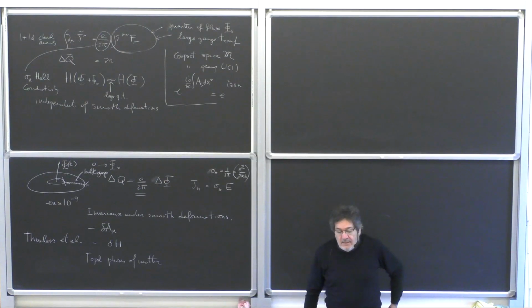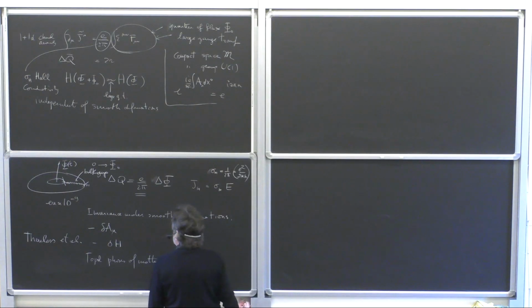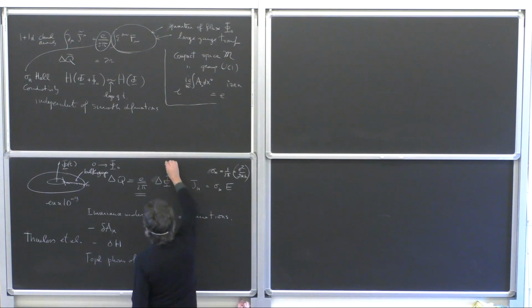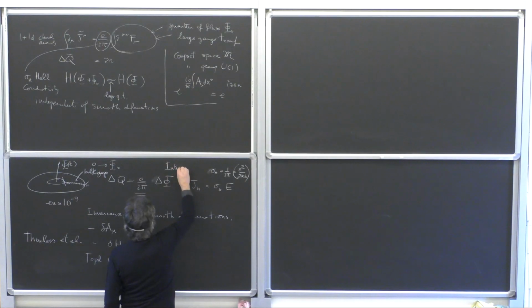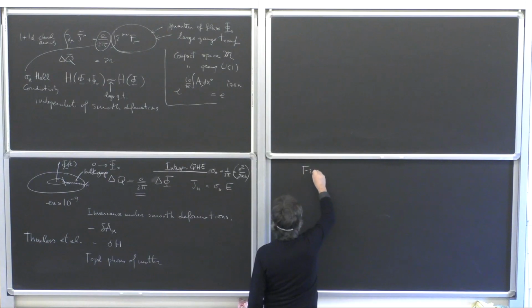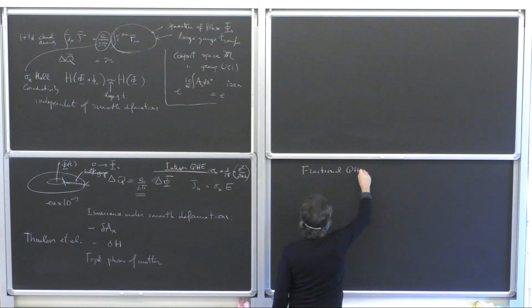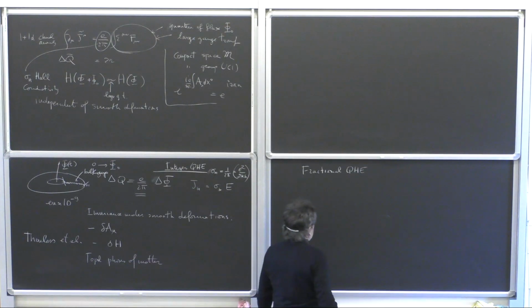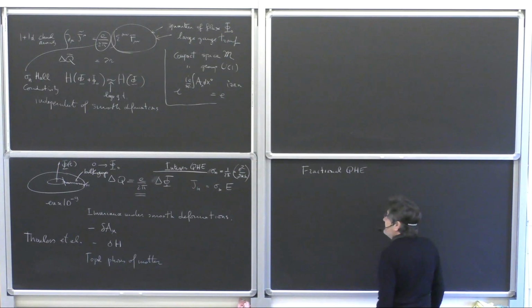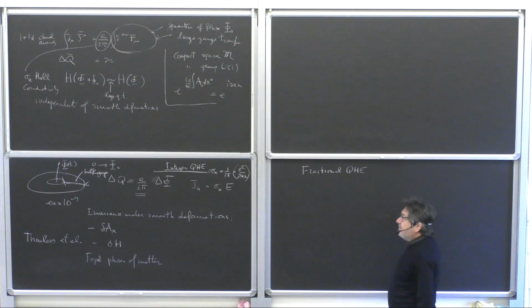Okay. Well, at this point we are going to go one step further. This was the integer effect. And now we discuss the fractional one. So what's the point? Well, a few years after they discovered these integer values of the Hall current, they also discovered fractional values.